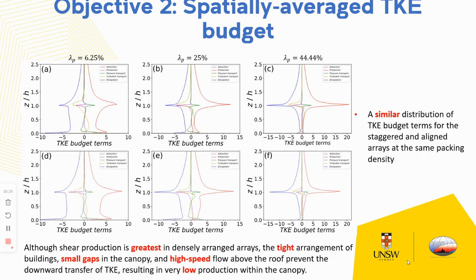So now we want to move forward and consider all kinds of variables. So I performed different packing densities with low, medium, and high. We found something really interesting: the spatial arrangement actually doesn't affect the TKE budget, and it shows quite similar results, which means the spatial arrangement of the geometry does not affect the TKE budget.